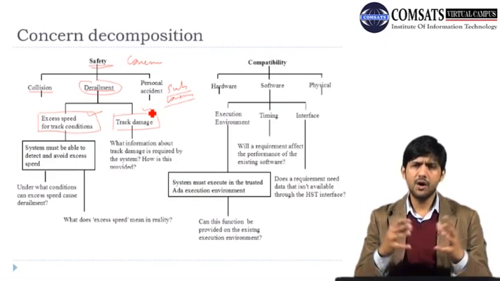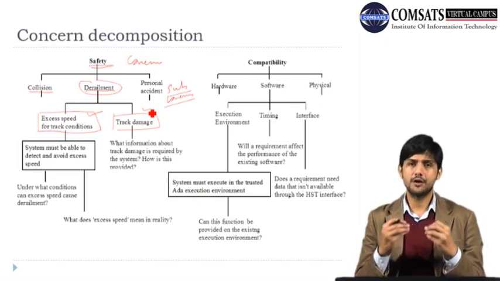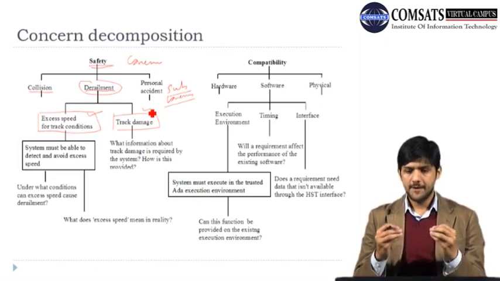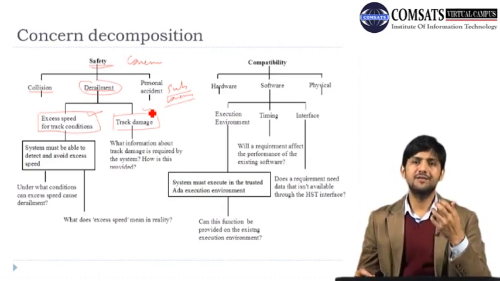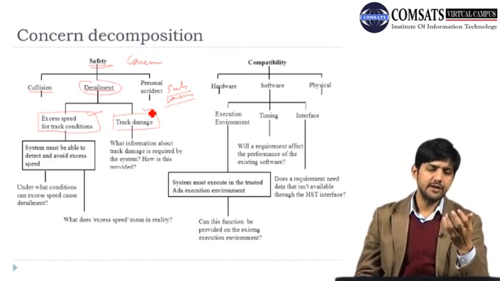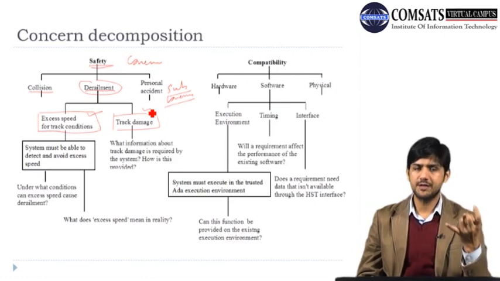So how should our system respond now? Let's say we are building this train protection system, and we have identified that the clients have this concern of safety. And we have identified that there are three kinds of sub-concerns related to safety: collision, derailment, and personal accident.